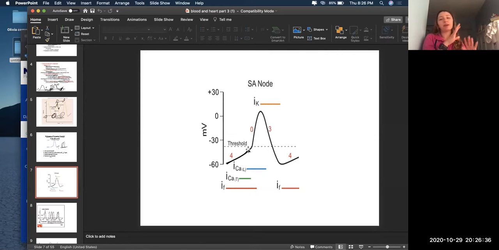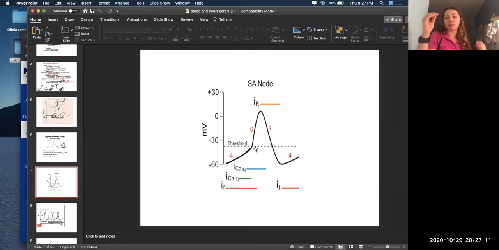I will explain that too. I don't want to confuse the two different things, because I want to be specific that this graph right here is the nodal cells. It's not the contractile cells, because they have two different systems, two different ion channels and all this stuff. The voltage gated calcium channels basically start to rapidly depolarize the cell to the action potential.